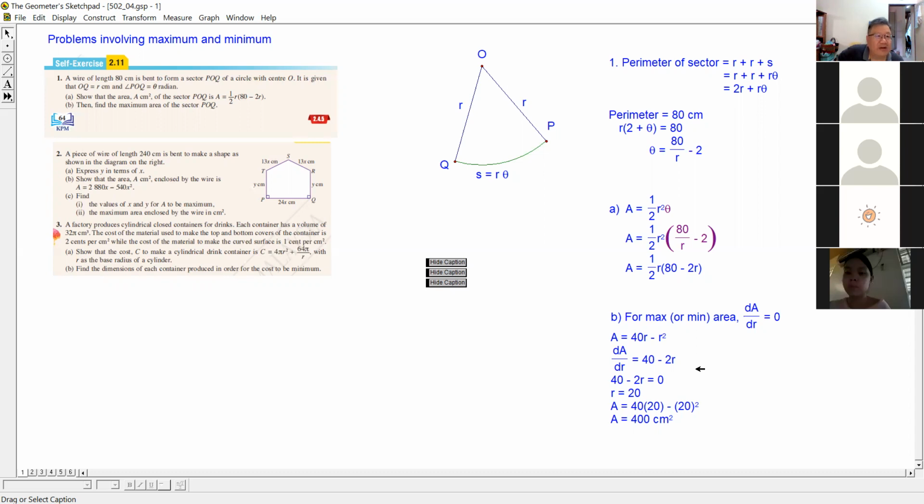But in the question, they ask for the maximum area. You cannot leave the answer as r equals to 20 because they don't want the r, they want the area. So you have to substitute r equals to 20 back into the equation involving A, and you get A equals to 400. Any question?